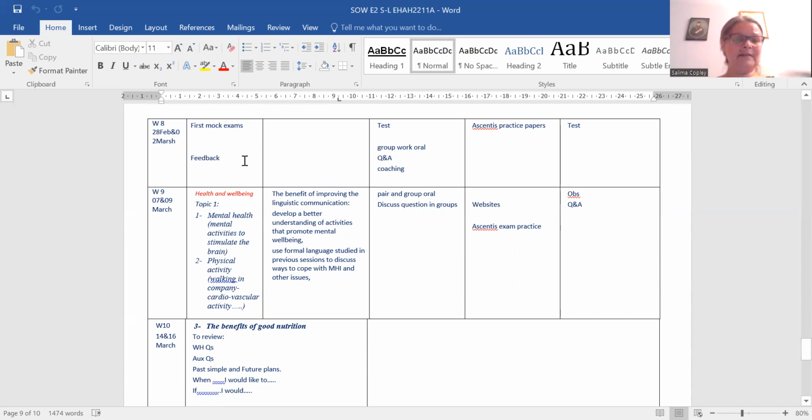Okay, then we're still doing the mental health issues. So in this lesson, we dealt with health and well-being. It was a beautiful lesson, this one. Which was divided into 2 sections, mental health activities to stimulate the brain, and the physical activity, walking in company, for example, cardiovascular activity and stuff like that.